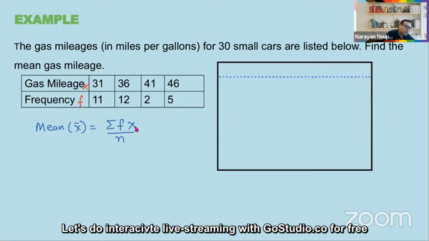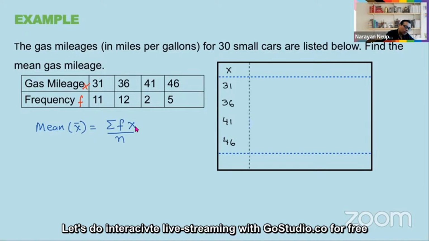So I'm going to write the X values here. What are those data values? 31, 36, 41, and 46. So these are the different data values.